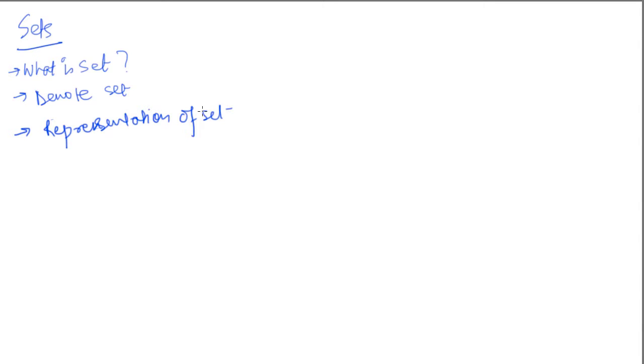So in sets, what we are going to do is we need to first understand what is a set. Second, we'll know how we denote a set. Third is representation of a set. And after that, examples.